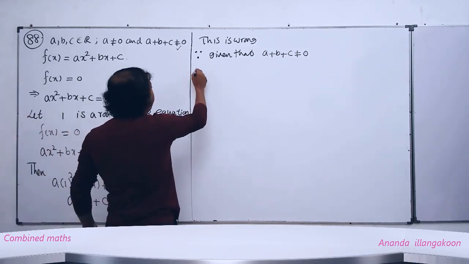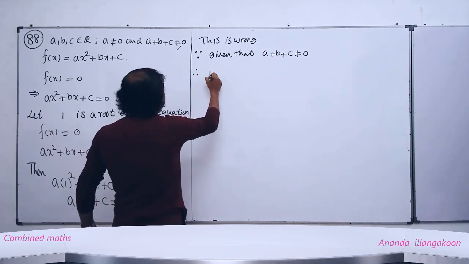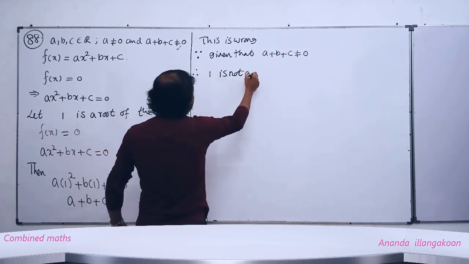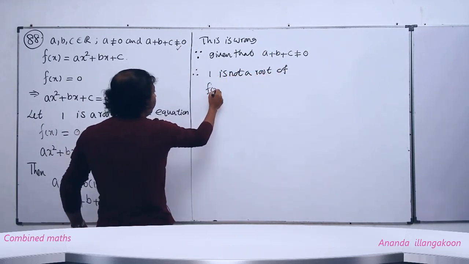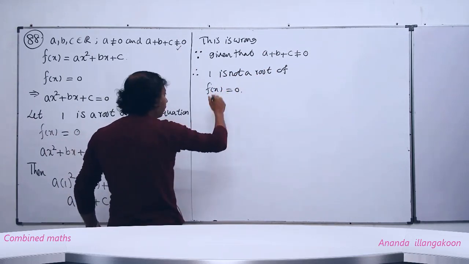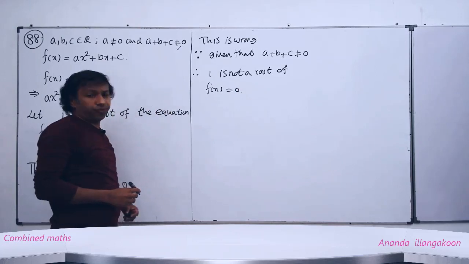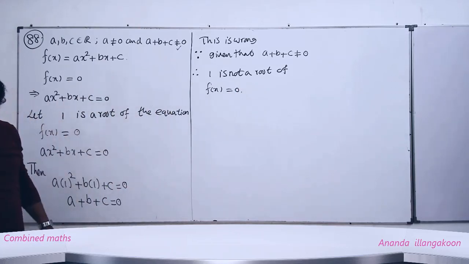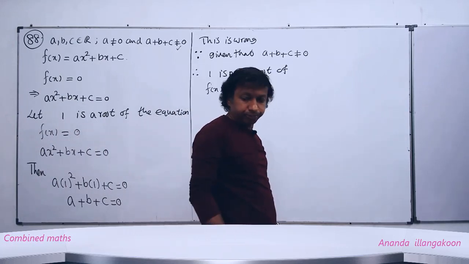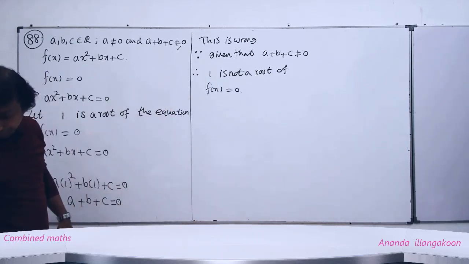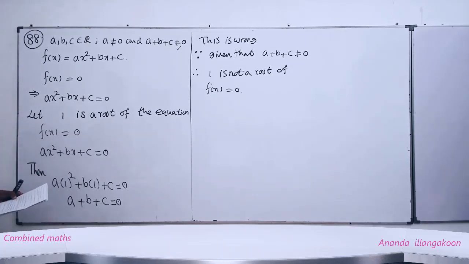Therefore, 1 is not a root of f(x) equals 0. We can take that. This is the proof by contradiction. Okay, next part.